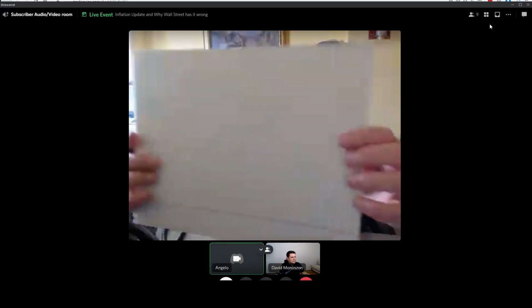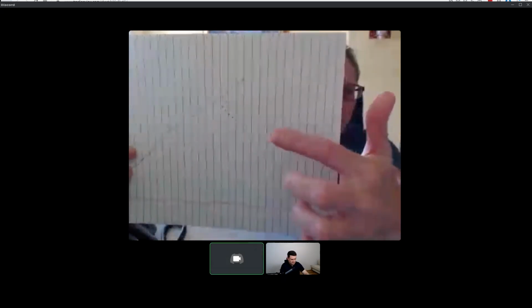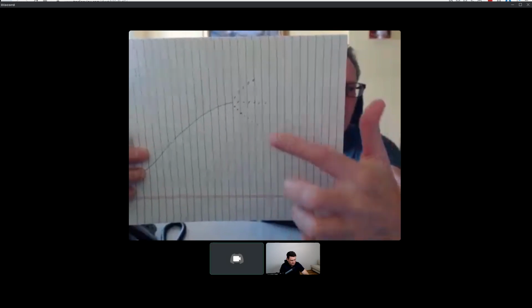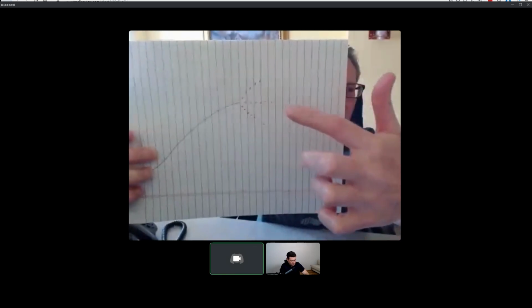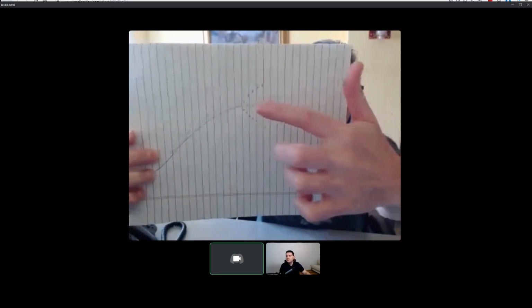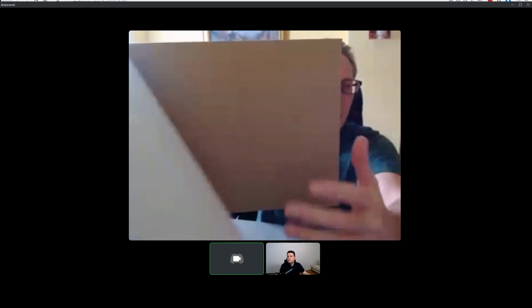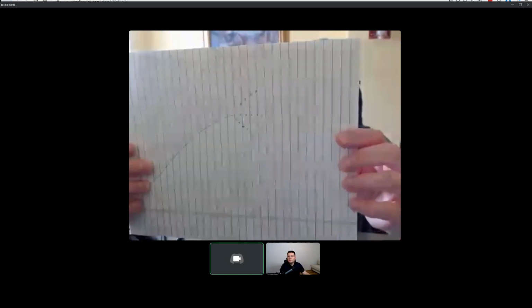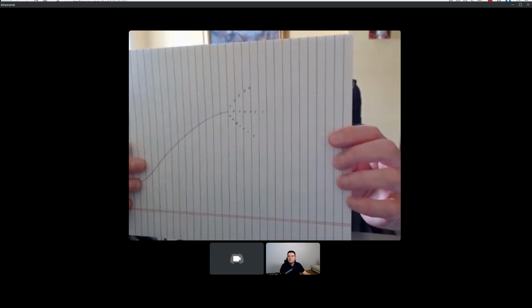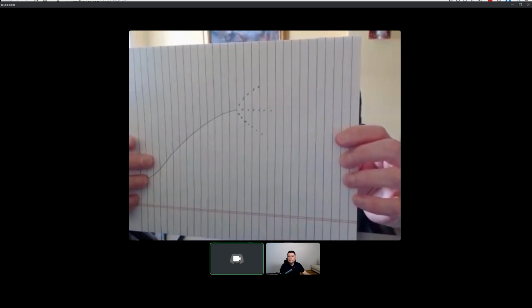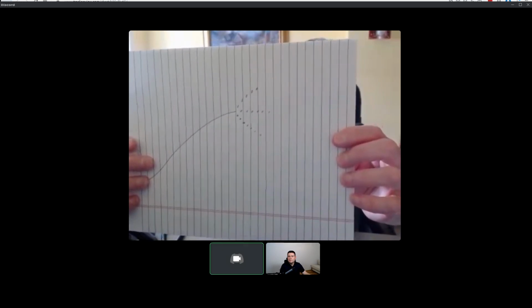Okay, can you all see the rest of that? I want you to draw dots declining. I want you to draw dots flatlining. And then I want you to draw some dots upward sloping. And you're going to see why in a moment. Okay, and this will help you visualize exactly what I'm talking about.